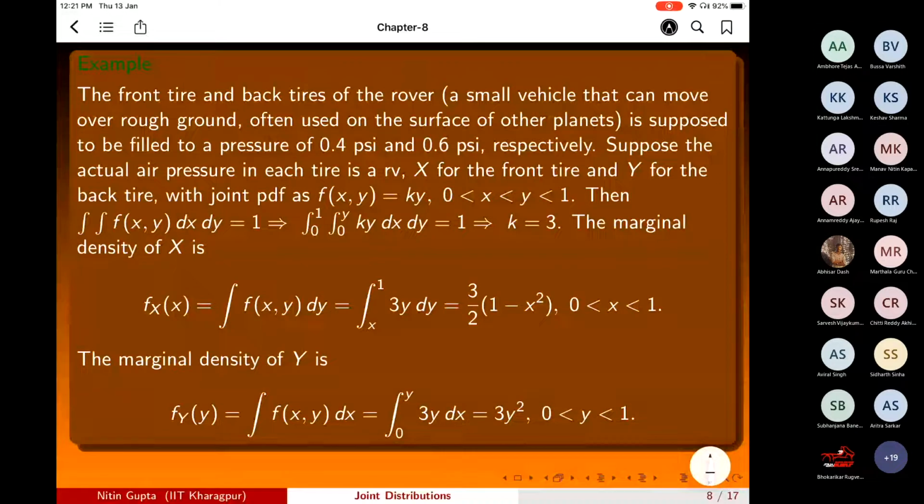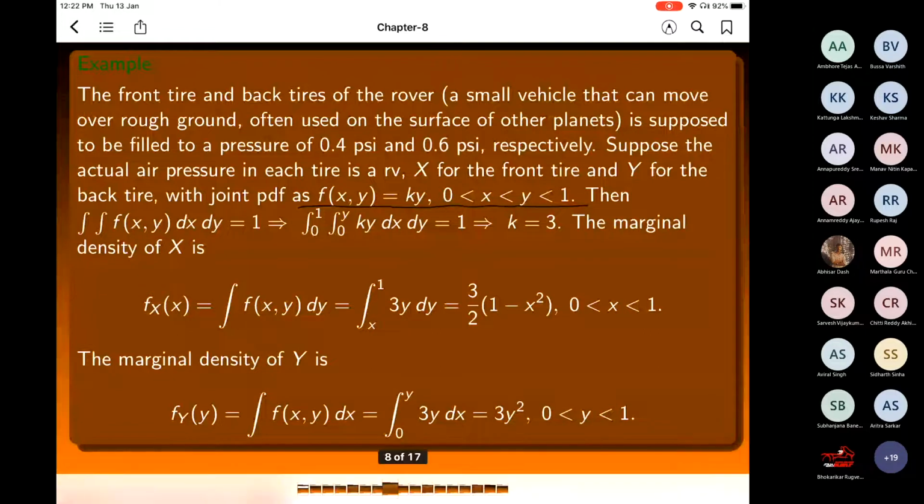Suppose the actual air pressure in each tire is a random variable, X for the front tire and Y for the back tire, and the joint probability density function is given by ky, with x between 0 and 1. First of all, find the value of k. Then find the marginal and conditional densities, the marginal densities of X and Y.